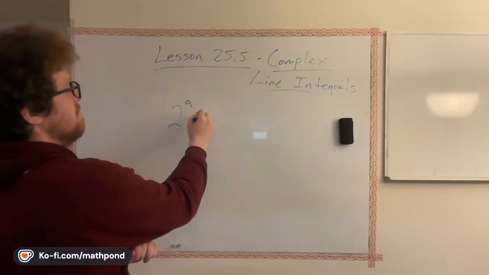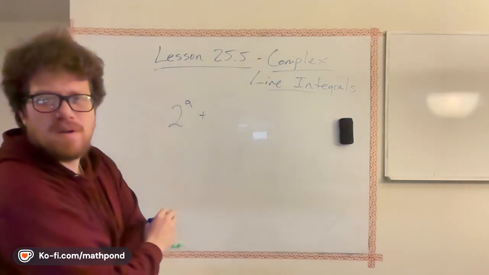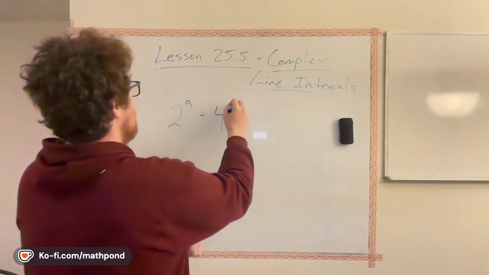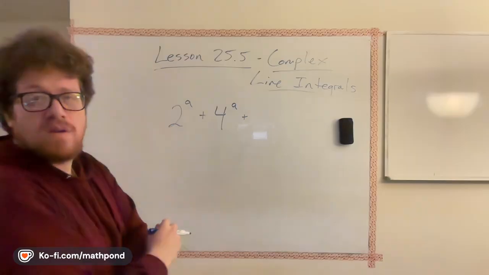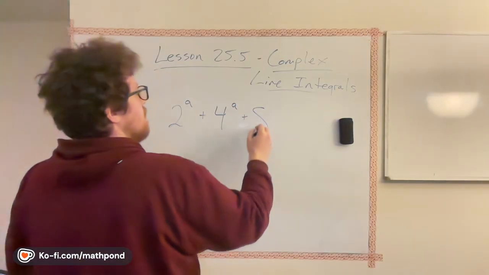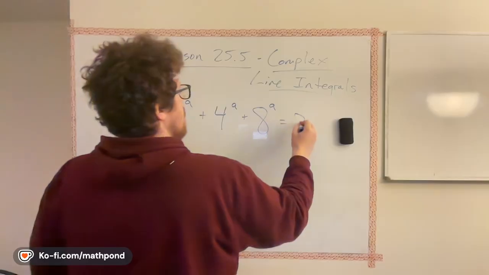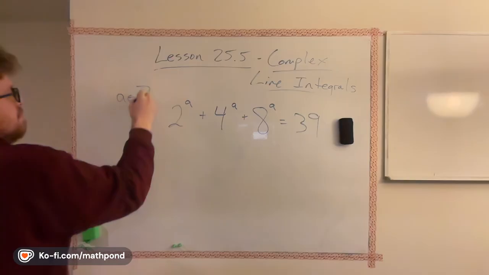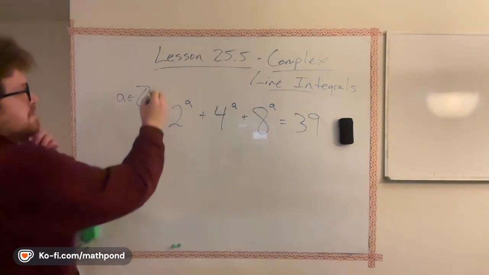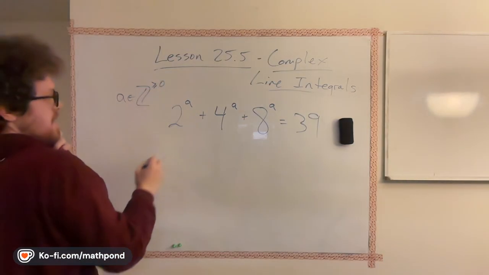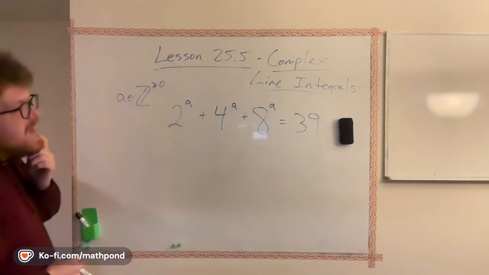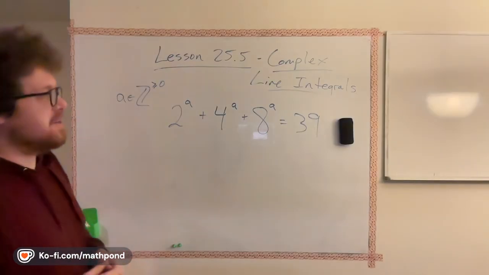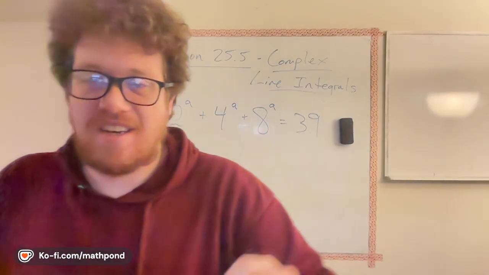It doesn't seem too hard. 8 to the a is 39. I'm assuming a is an integer, maybe? Positive integer? There can't be that many options, right? I'm not sure how to approach this problem other than guess and check.